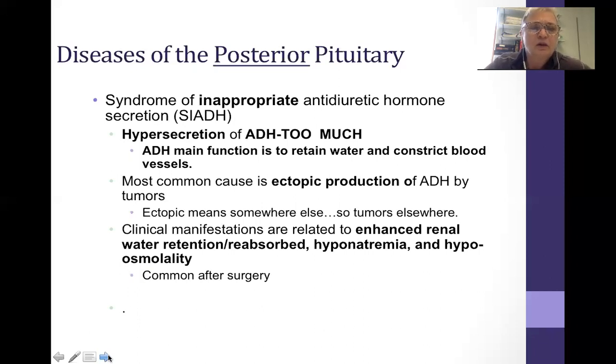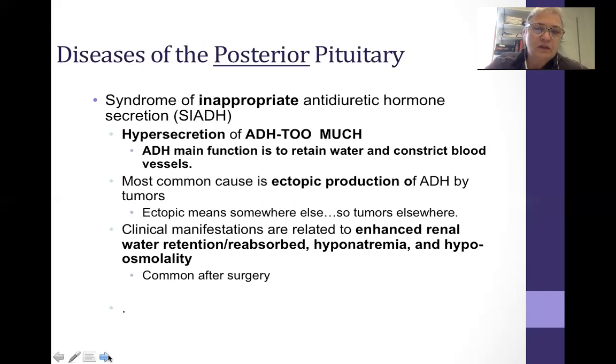If you remember, the function of antidiuretic hormone is to oppose diuresis, so it's going to retain water and constrict blood vessels. Now here's the interesting part. You can have too much ADH because of an ectopic production of ADH by tumors somewhere else. They can make it. That's kind of the weird thing about it. It might not necessarily be a pituitary disease, but ectopic, like ectopic pregnancies, means it's somewhere else.